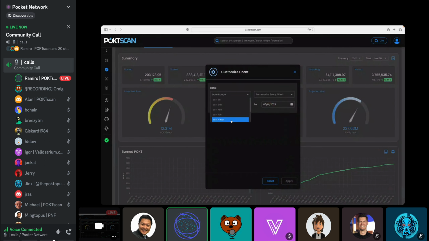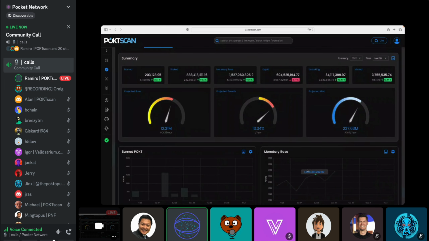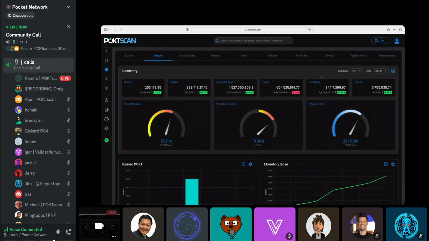For example, if you choose 7 days and by day, you might find a smoother curve than this, because the DAO payments are done the same day as the burning. So, well, those things happen. But yeah, we could add some options here. Yeah. Thanks for the suggestions, Shane.